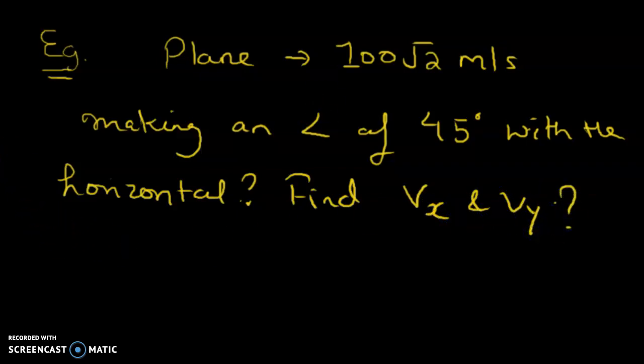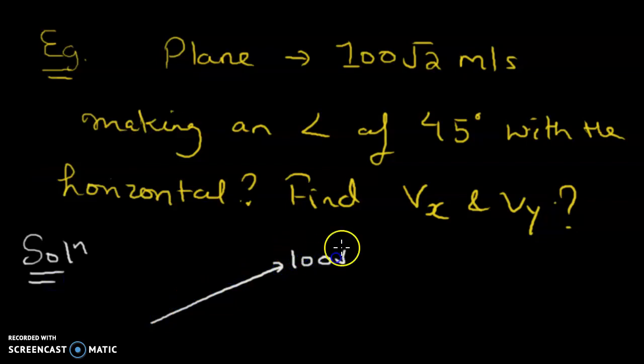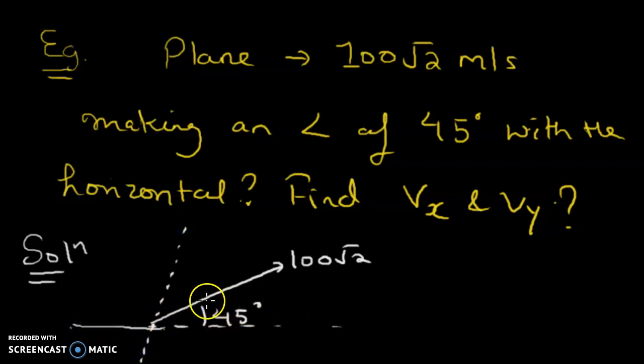Okay, so let's talk of solution. So if the velocity is 100√2 and it is making an angle of 45 degree with the x-axis, with the horizontal, x-axis means horizontal axis, y-axis means vertical axis. So what would be the x-axis component, horizontal component, 100√2 into cos 45.